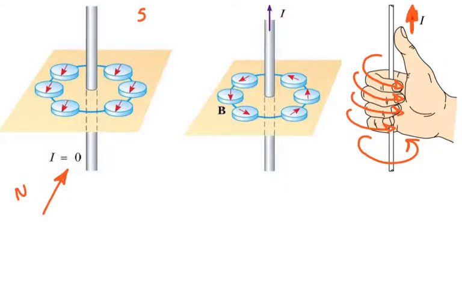But if you apply current, or let current flow through the wire, the compass will be aligned with the magnetic field direction. You see the magnetic field direction is going to be in this way around the wire, so the compass will actually show the direction of the magnetic field around the wire.